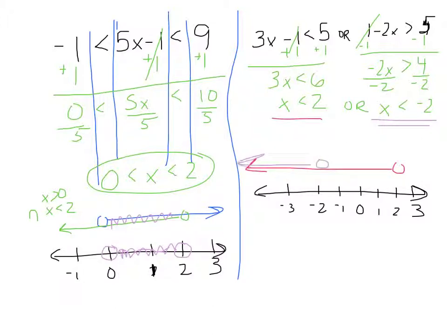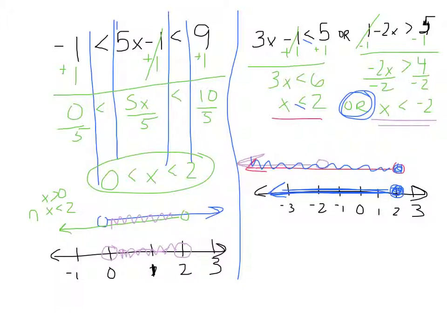This would be the situation where they're facing the same direction. But since this is an or statement, this means all are included. So I would start with the open circle here, and I would shade this way, because anything that's shaded gets included. If for some reason this was equals here, then I would fill in this circle.